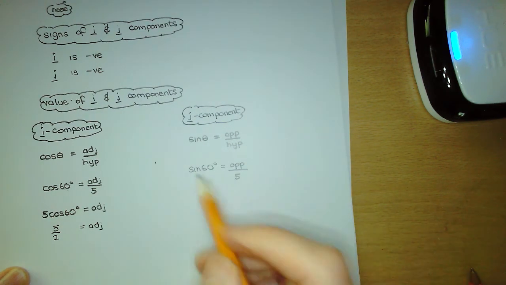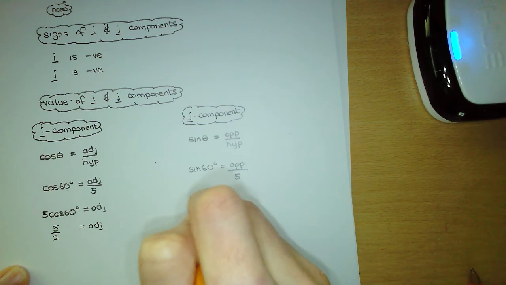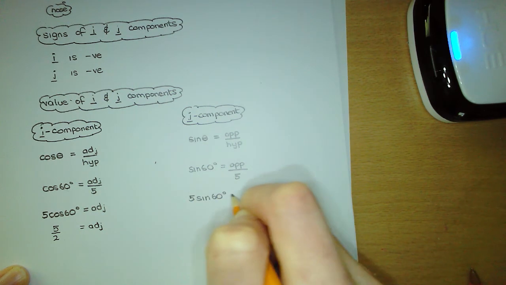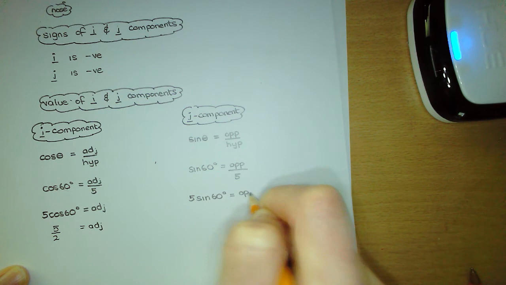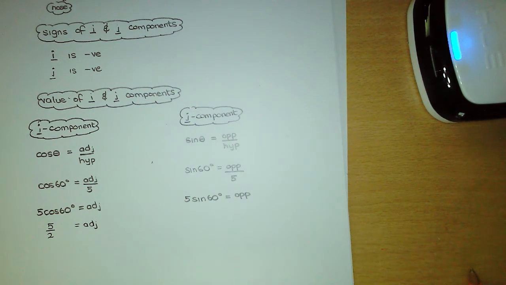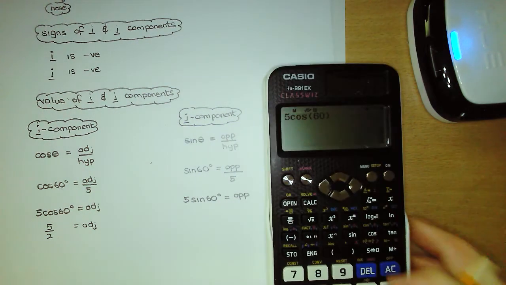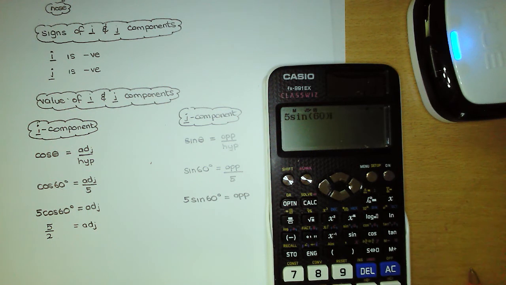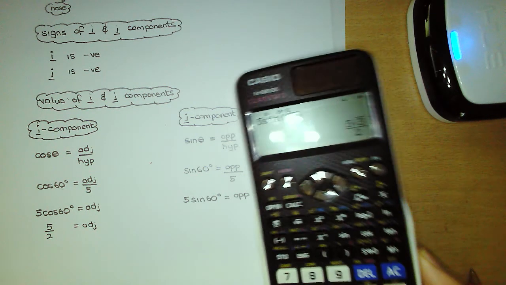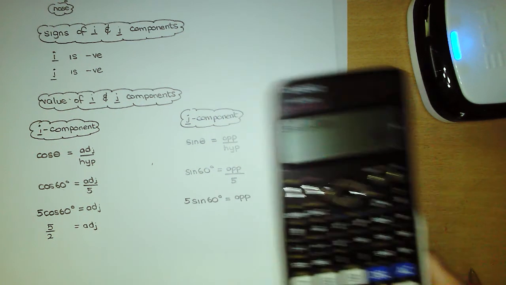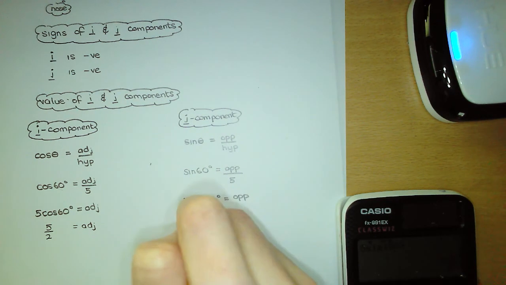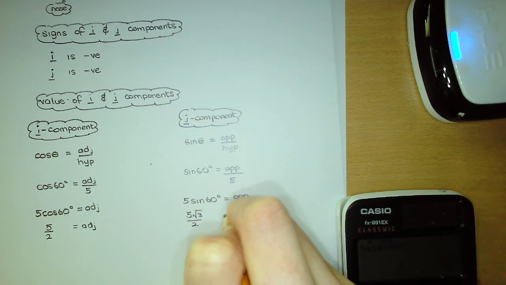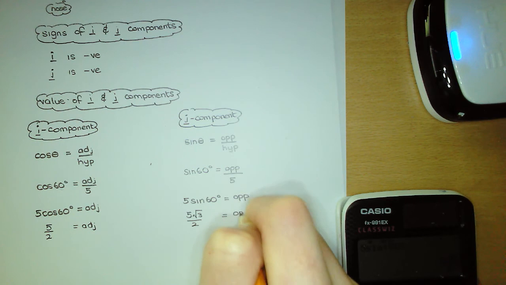And again, we're going to cross multiply, so we'll get 5 sine 60 is equal to the opposite. So again, let's go to our calculator. We type in 5 sine 60, and that gives us 5 root 3 over 2. Keep it exact. So 5 root 3 over 2 is equal to the opposite.